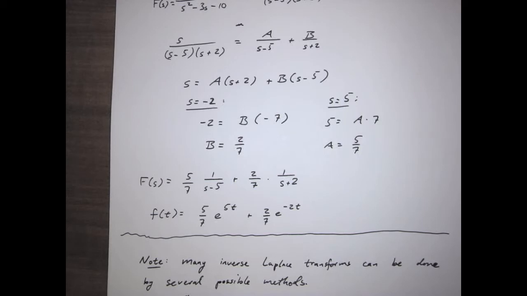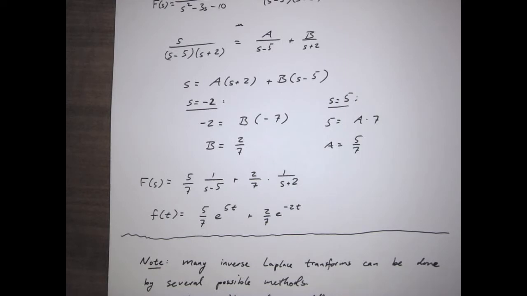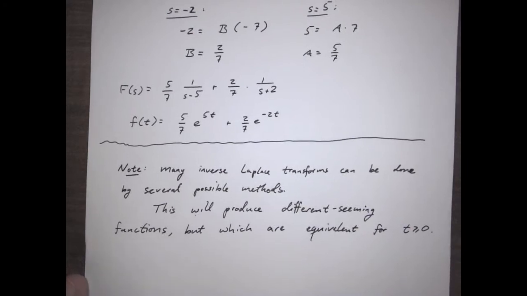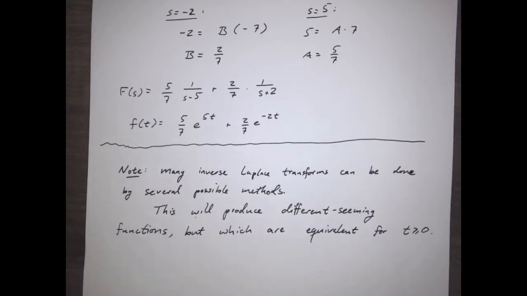So it'll produce different seeming functions, but those different seeming functions will all be equivalent for t greater than or equal to 0. So that's section 7.3.